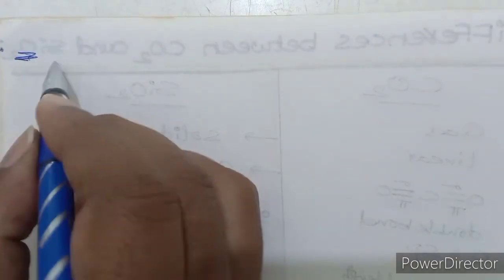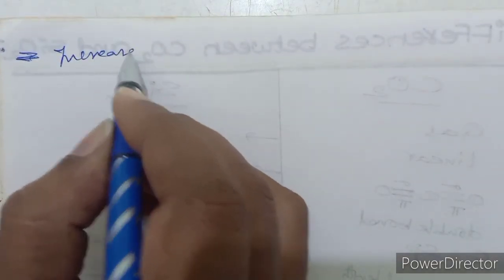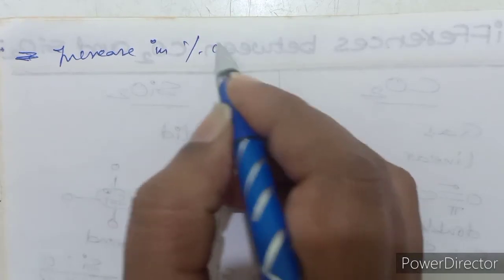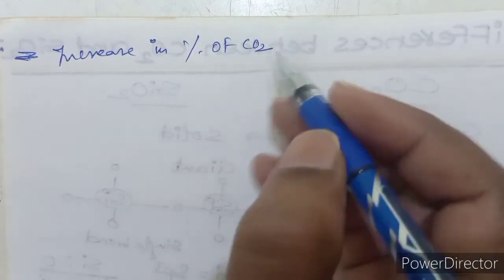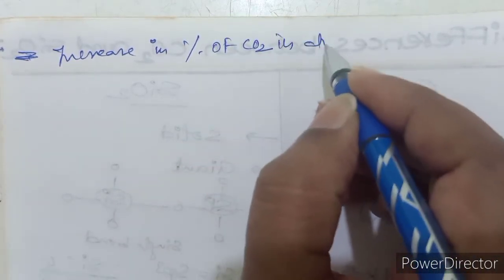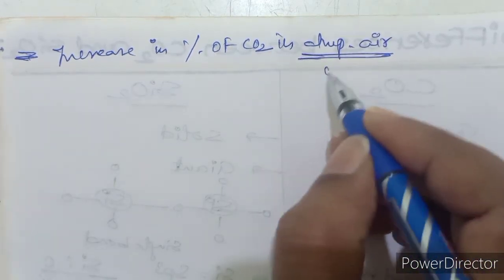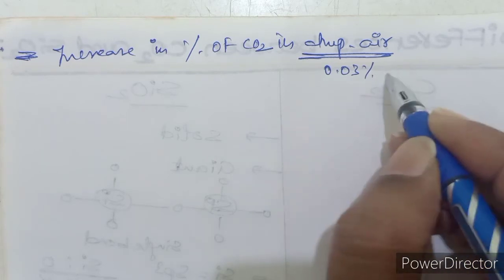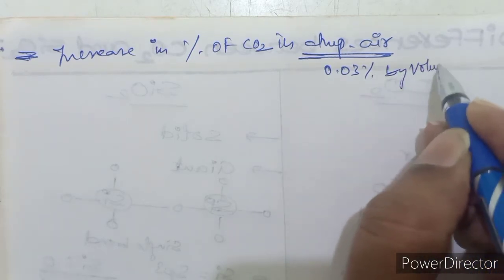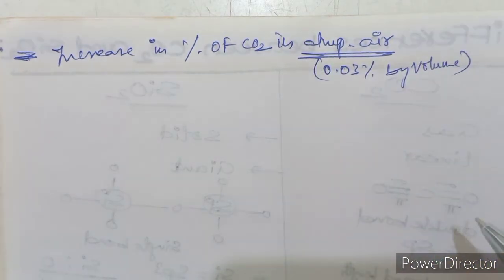And also there is an increase in the percentage of carbon dioxide in atmospheric air. Generally, atmospheric air contains only 0.03% by volume of carbon dioxide.